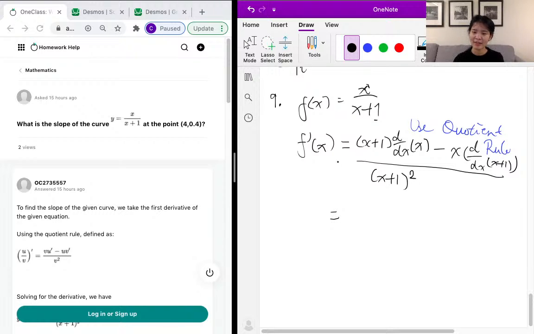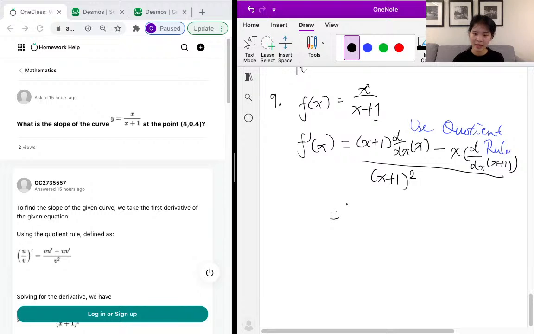The one that I use is low, the lower term, d high, the derivative of the top term, minus high, the upper term, times d low, the derivative of the bottom term, over low squared, which is the bottom term squared. So that's how we solve this problem.